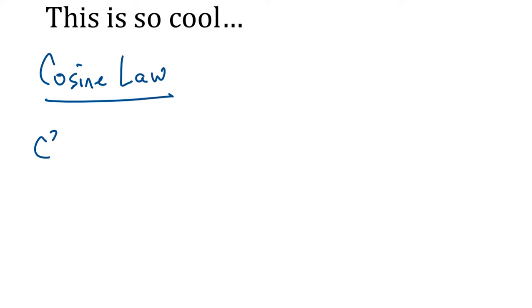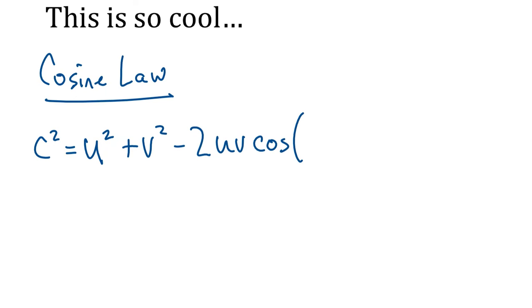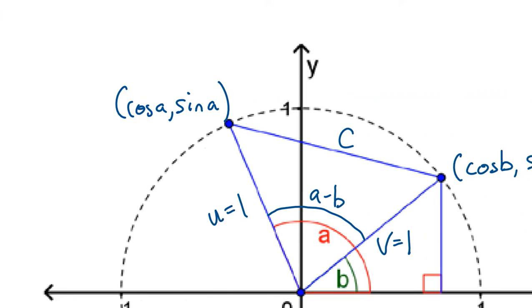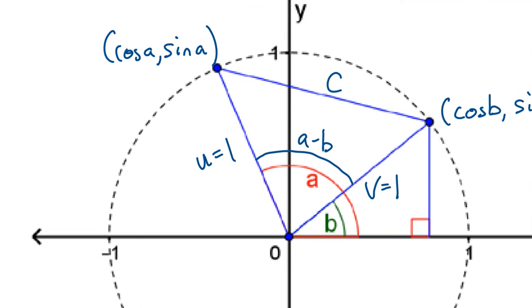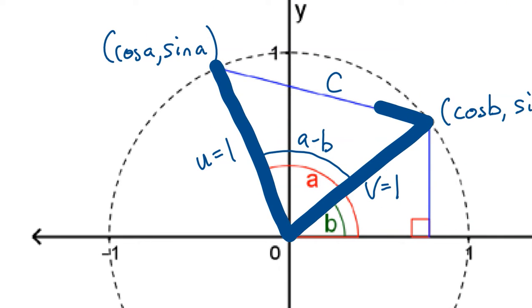I'm going to use C squared equals U squared plus V squared minus 2UV cos A minus B from our diagram. We just did cosine law of that triangle.